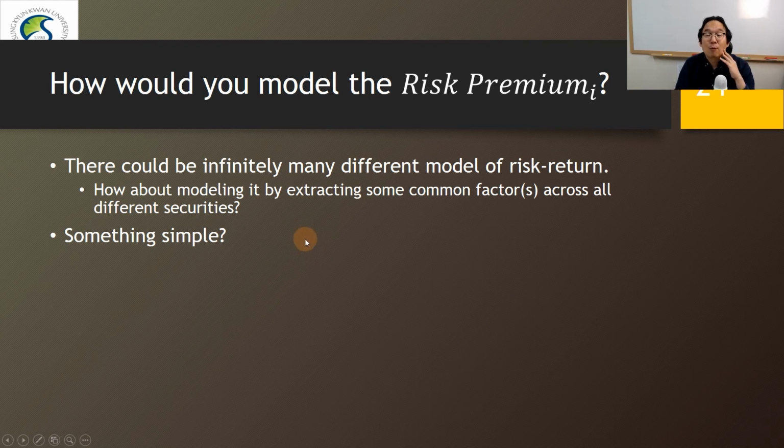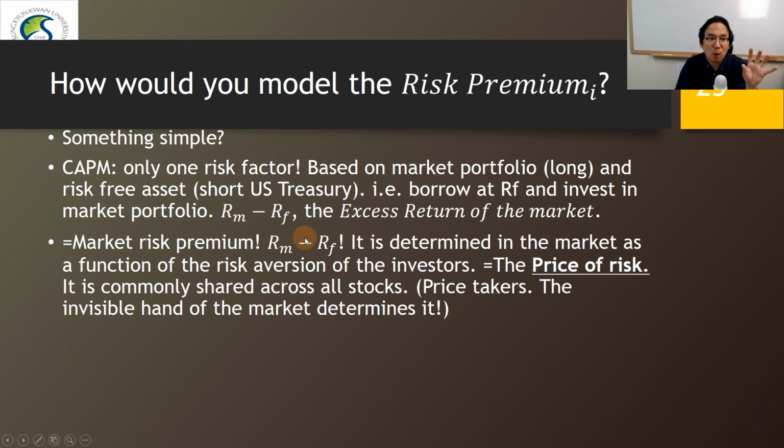I want to model it with some commonality, commonly moving together across different stocks. Of course, this commonality could be one thing or multiple different things, but for the sake of simplicity, just stay with one common thing.